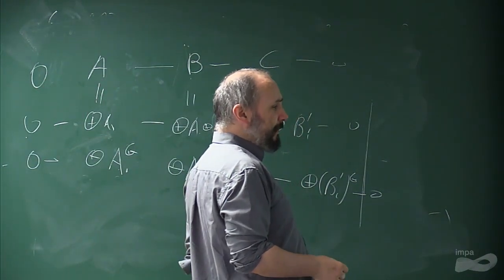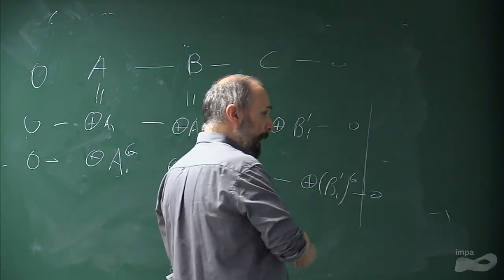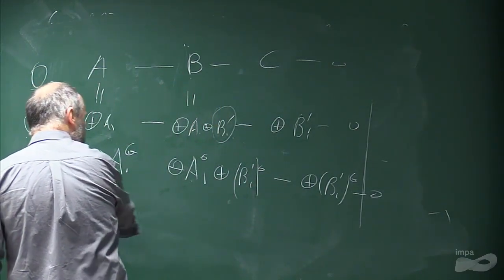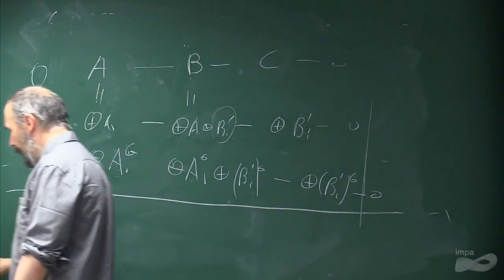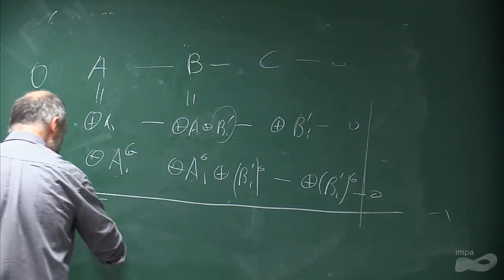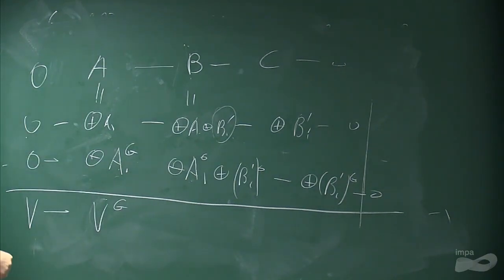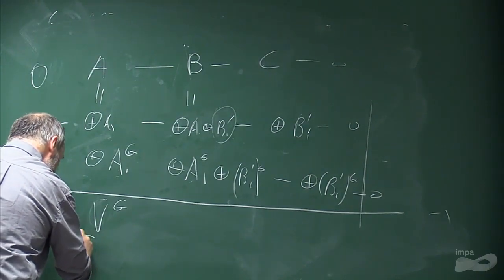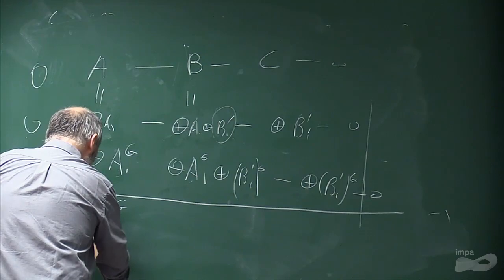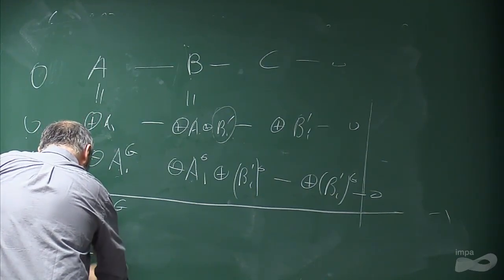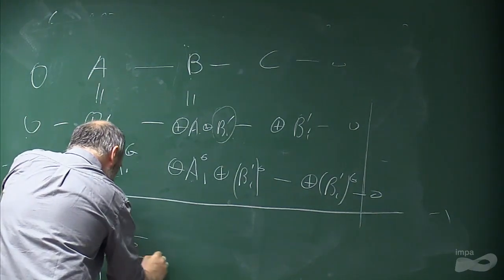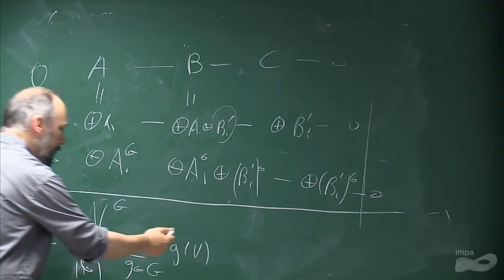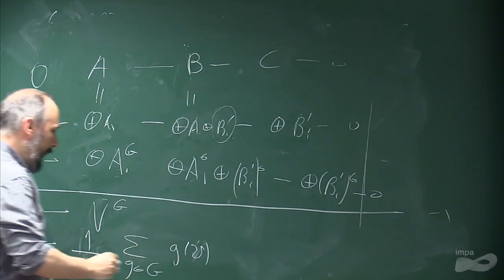And in fact, you can write this functor explicitly. V goes to V^G as follows: V goes to the sum, again the same sum as we already had, 1 over the cardinality of G, sum over g in the group G of g acting on V. This is called the averaging map.